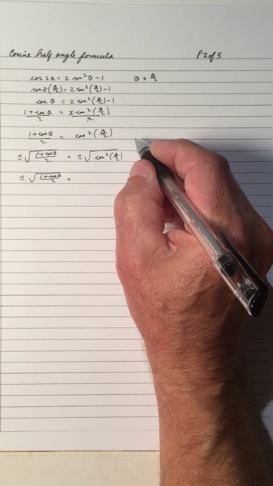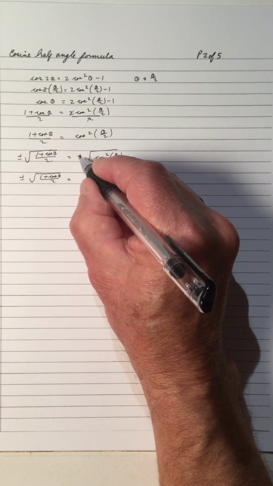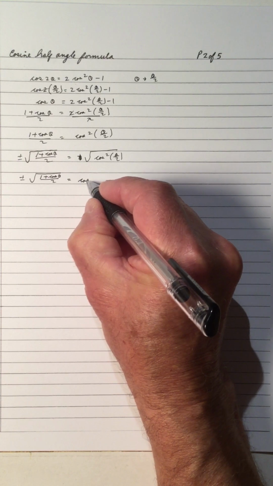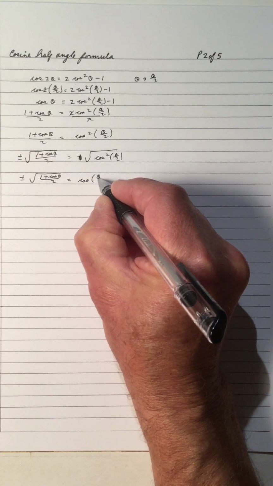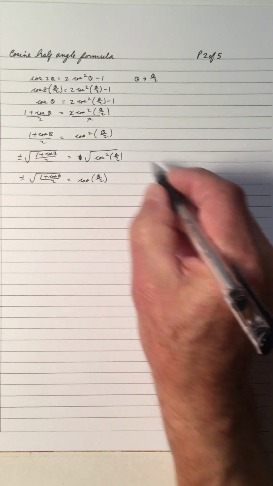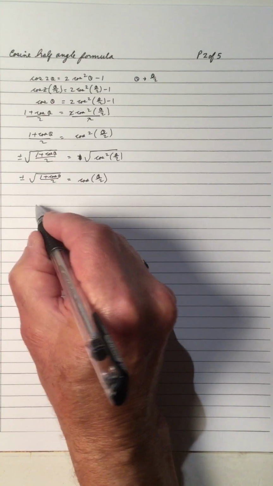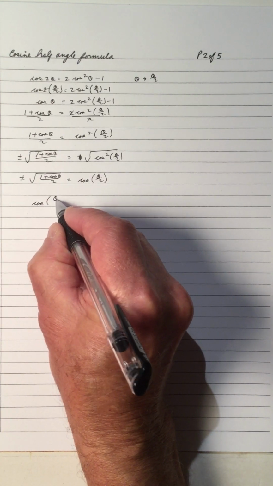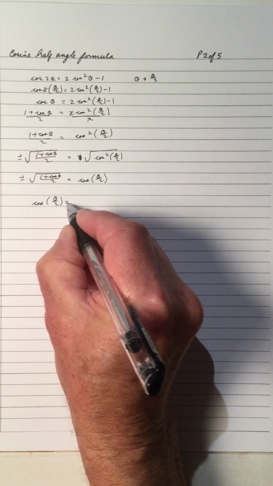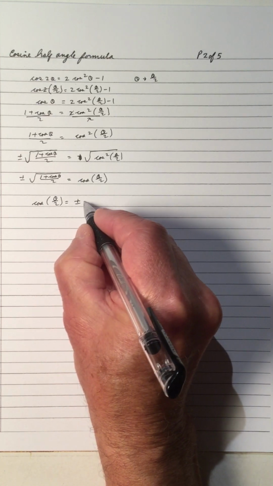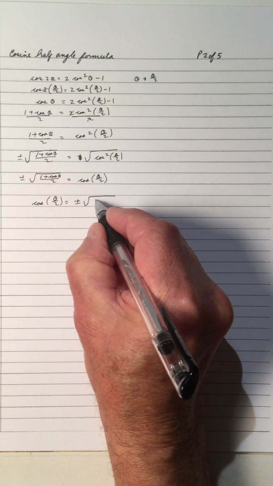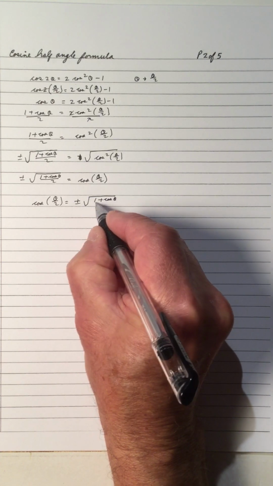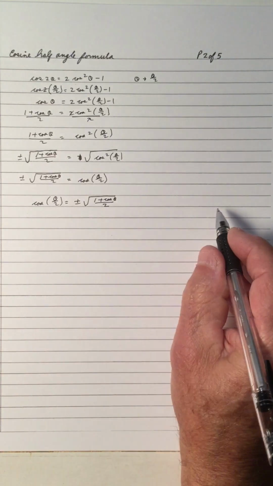I didn't need the plus minus on both sides, just on this side. So that gives us cos of theta over 2. That's the half-angle formula for cos. Half-angle is theta divided by 2, so we're just rewriting it as plus or minus the square root of 1 plus cos theta over 2.